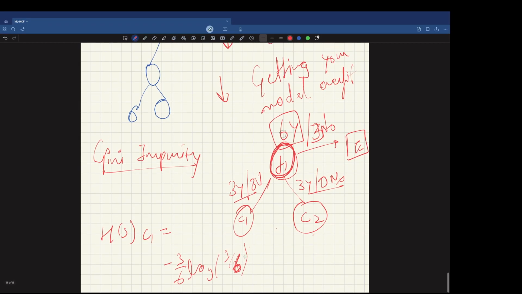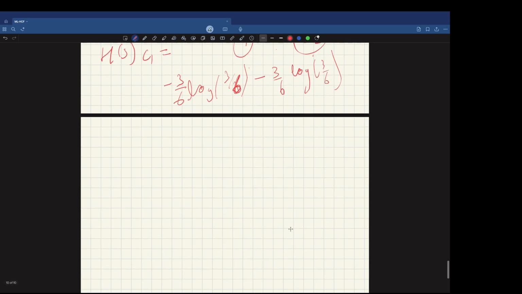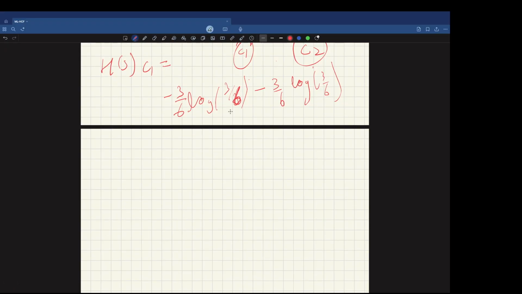Then again minus 3 by 6 log 3 by 6. Calculate this one.